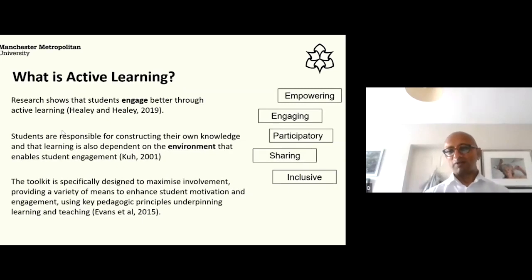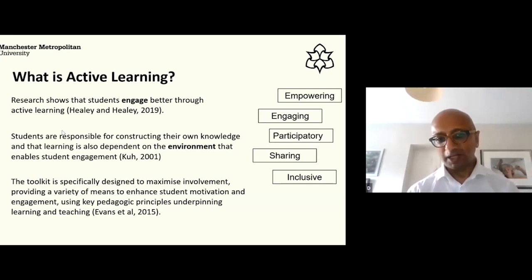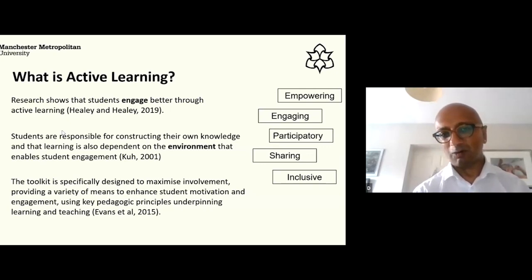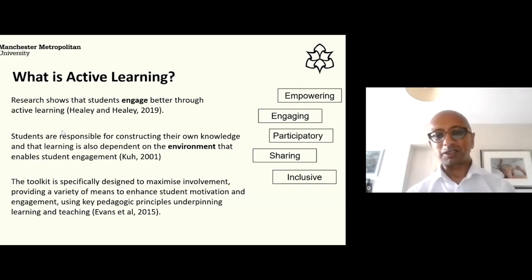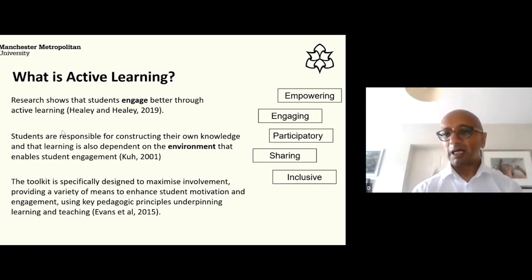We all know active learning, and this is just going back over it. It's about engaging. It's about creating that community where everyone feels included, is inclusive, and it's engaging. This is one of the things that came out from the internal student survey at Met as well, where students wanted to be a part of the delivery and the engagement process. They didn't want to be talked to.